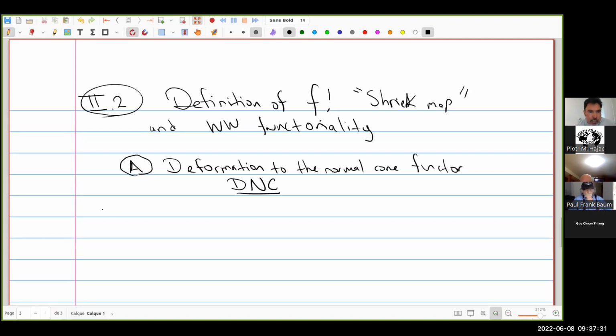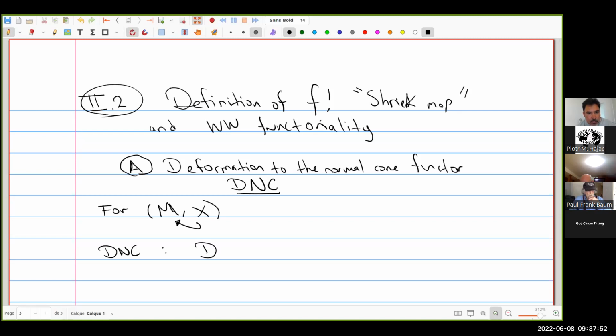The idea is very basic. I will take a couple of manifolds: a manifold M and a submanifold X, just a submanifold embedded in M. So what is the DNC construction?